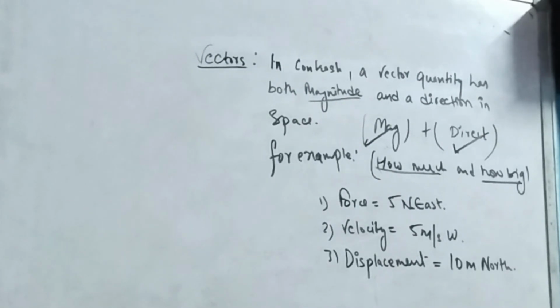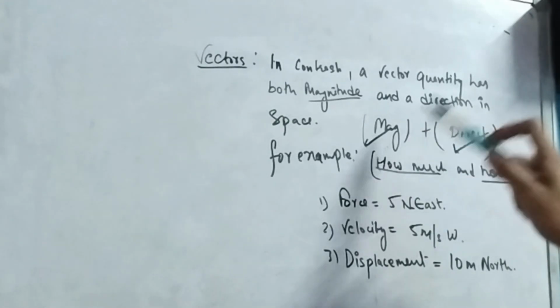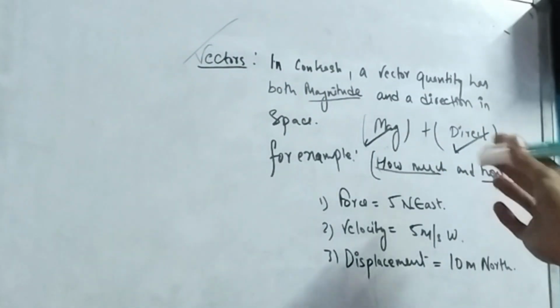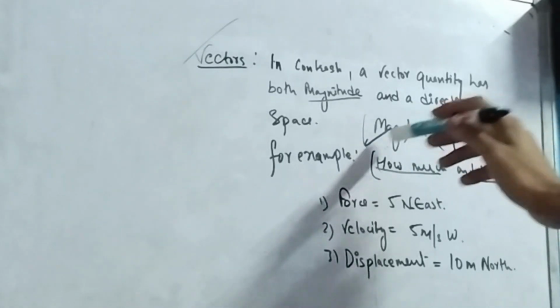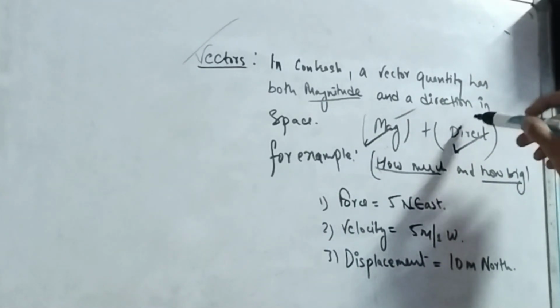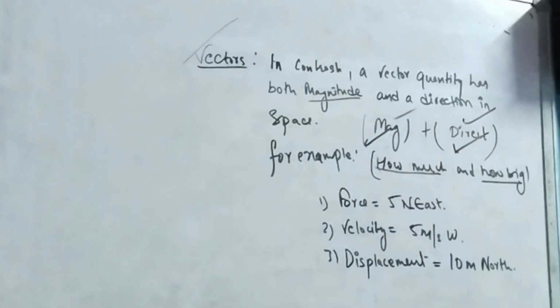If a quantity has to be a vector, it has to have both qualities: number one is magnitude and number two is direction.